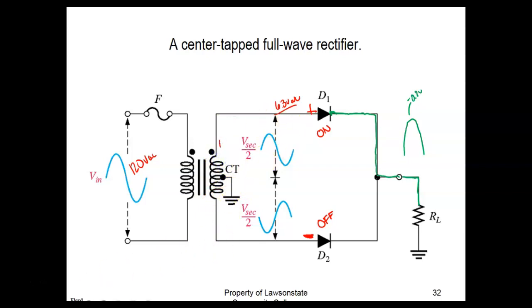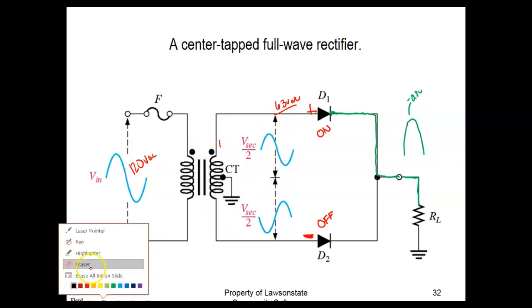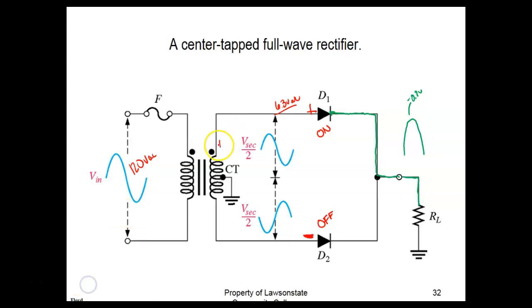So on the next alternation, this guy here is going to go negative. Down here is going to be positive. This is going to be positive in respect to that negative. This is going to be negative in respect to that positive.